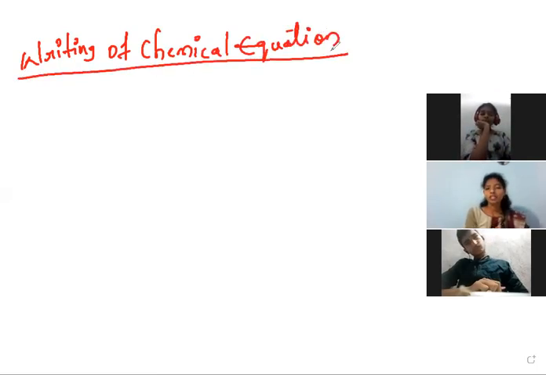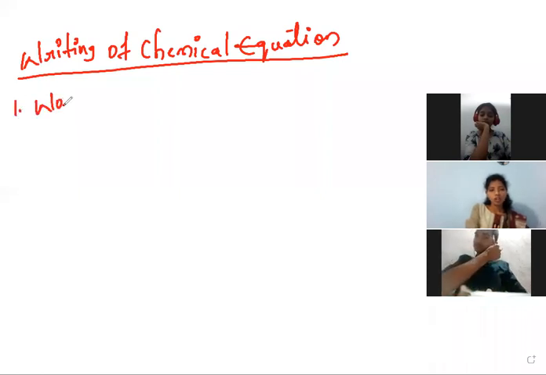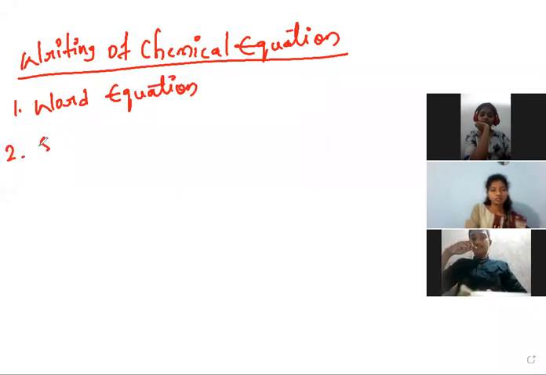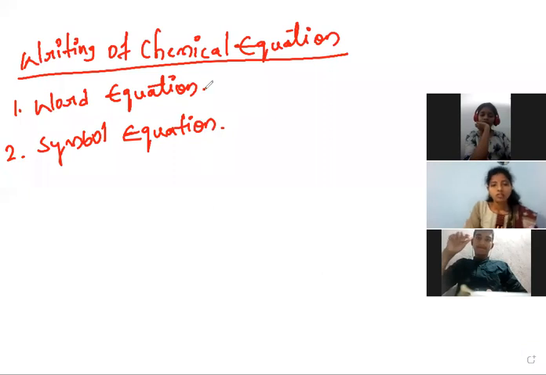So writing of chemical equations, this is one of the very important ones. Here we have two methods: one is a word equation and another one is a symbol equation. First of all, the word equation.